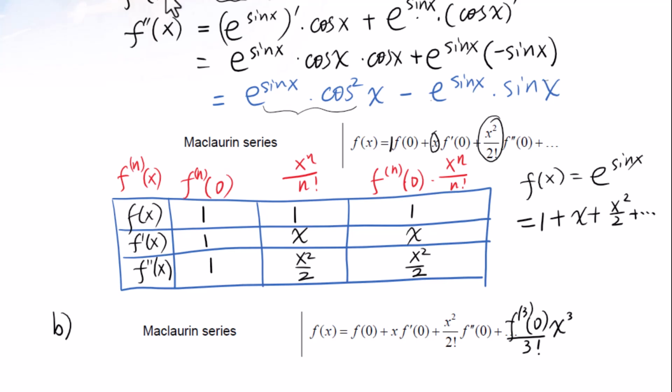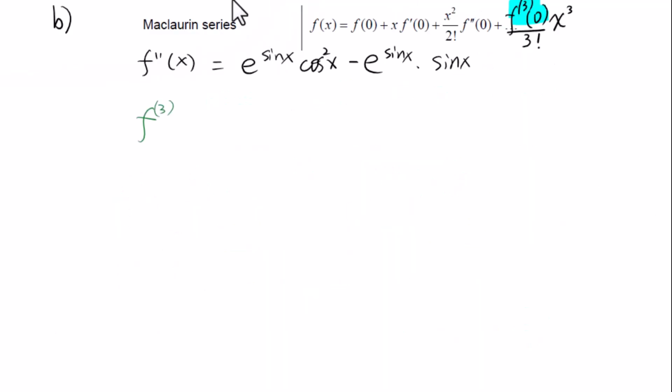So we need to figure out the third derivative of f at 0. We know f double prime of x equals this, so we will take one more derivative of this function.